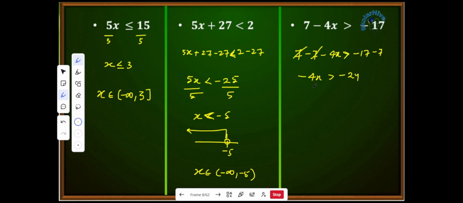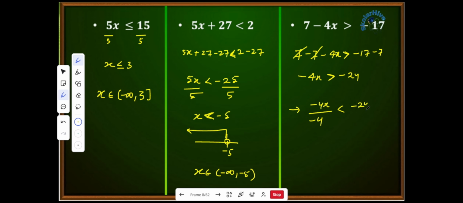Now we are going to eliminate this minus 4 from the left. To isolate x, we are dividing by negative 4. While dividing by a negative number, the inequality sign will reverse. So here we have minus 4x, and we are dividing it by minus 4, so the inequality sign will change.